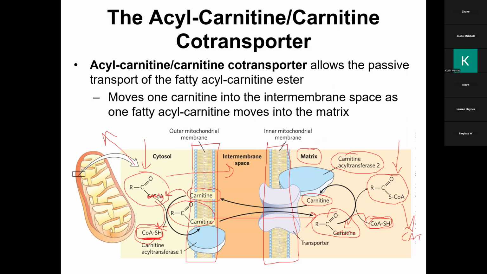It's exactly like being in a chemical synthesis lab, and you've got two beakers with two chemical reactions, some fatty acid and CoA in one, some fatty acid and CoA in the other, and they are two separate compartments. You could use carnitine to transport between those two different beakers. It's exactly the same kind of thing.